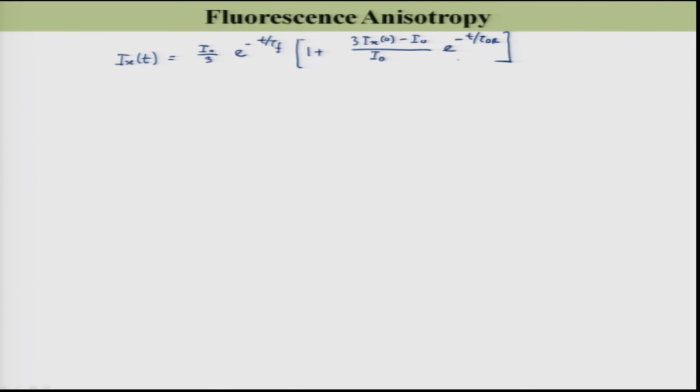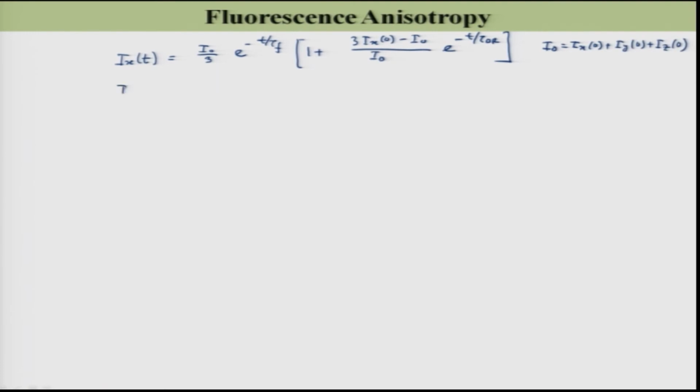Simply we will get this, okay, where this I 0 equals I x 0 plus I y 0 plus I z 0.